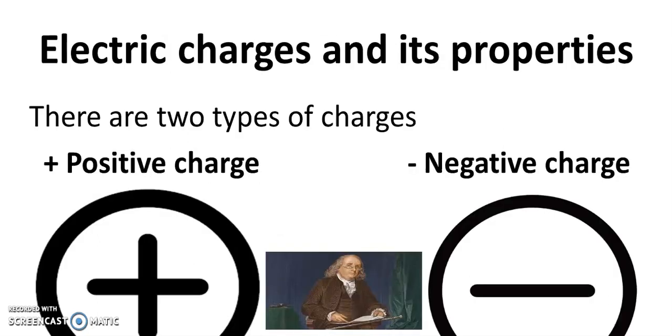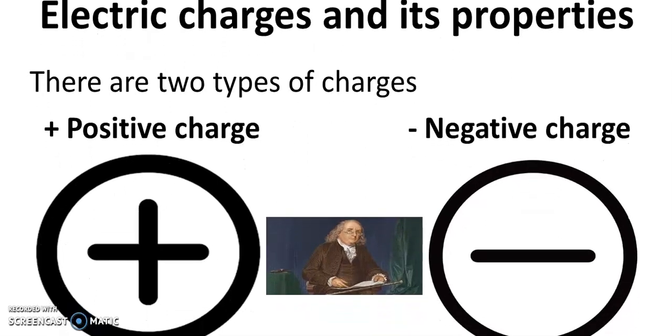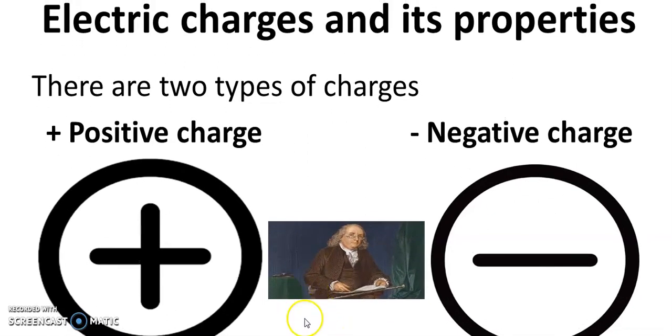Benjamin Franklin discovered that there are two types of charges, positive charge and negative charge. So now we will see how they concluded positive charge and negative charge based on observation.